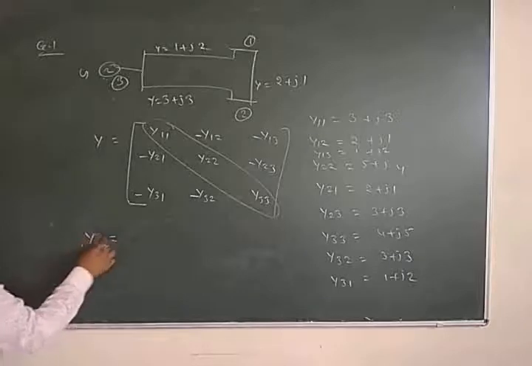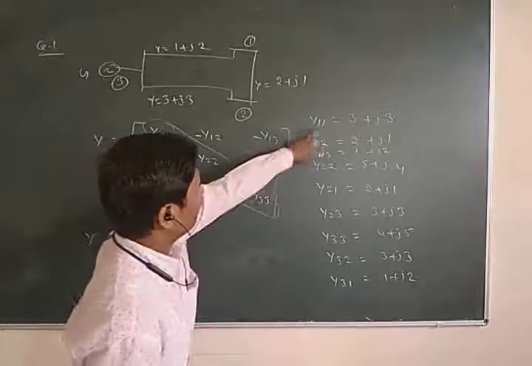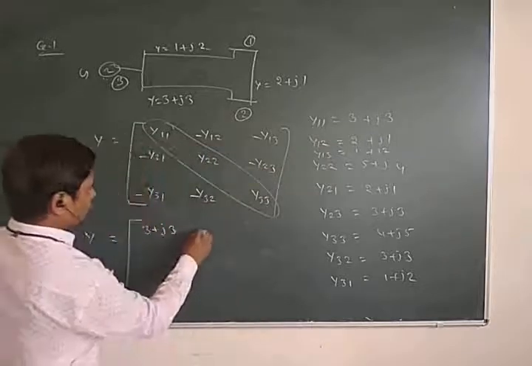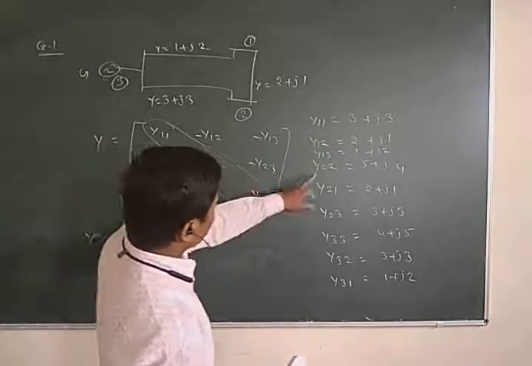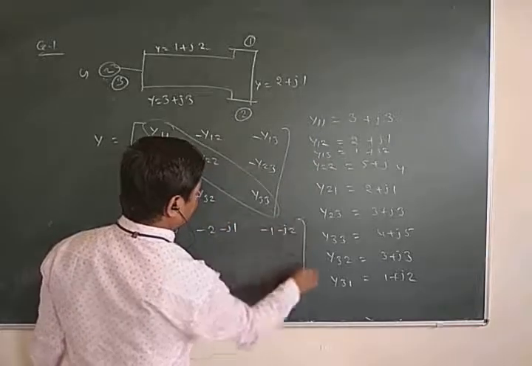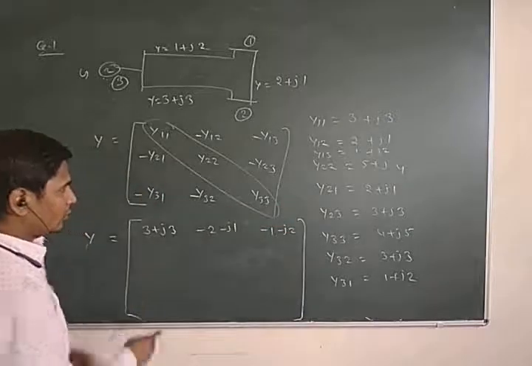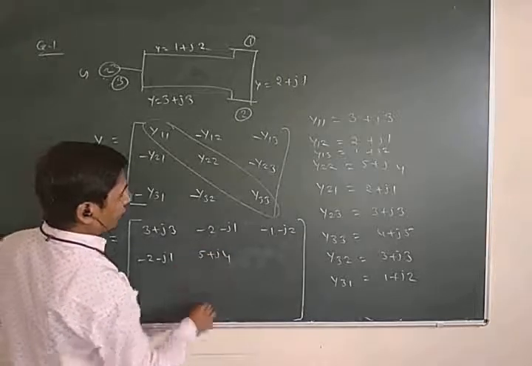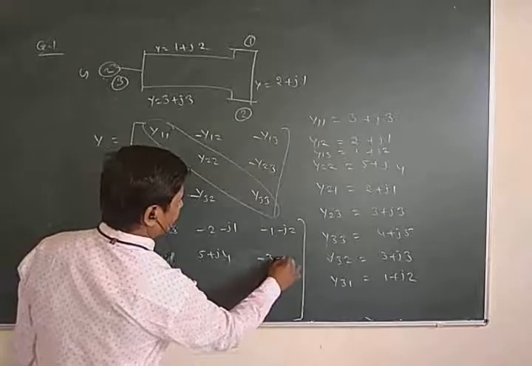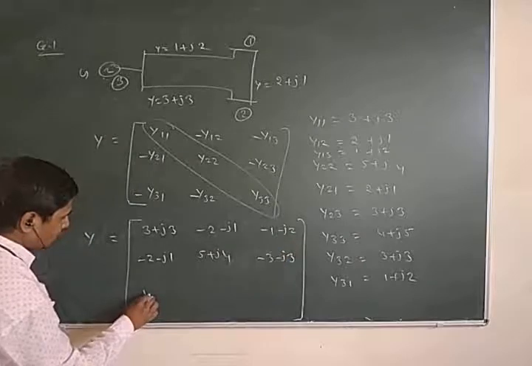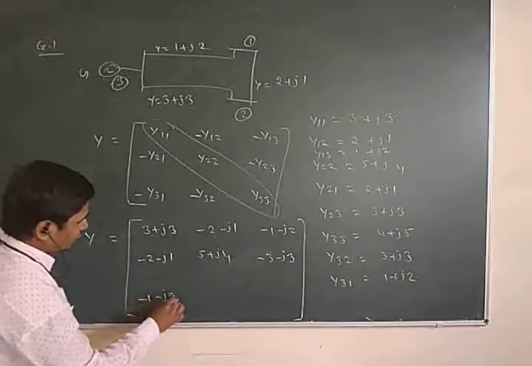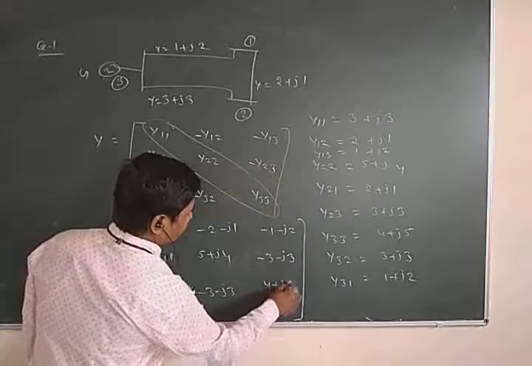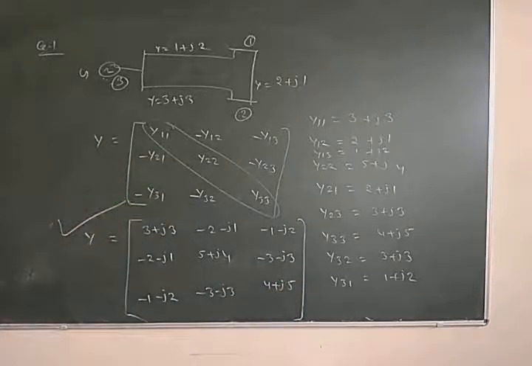Now the Y-bus matrix for the given question becomes: Y11 is 3 plus J3, Y12 minus 2 minus J1, Y13 minus 1 minus J2; Y21 minus 2 minus J1, Y22 5 plus J4, Y23 minus 3 minus J3; Y31 minus 1 minus J2, Y32 minus 3 minus J3, Y33 4 plus J5. So this is the admittance matrix for the given question.